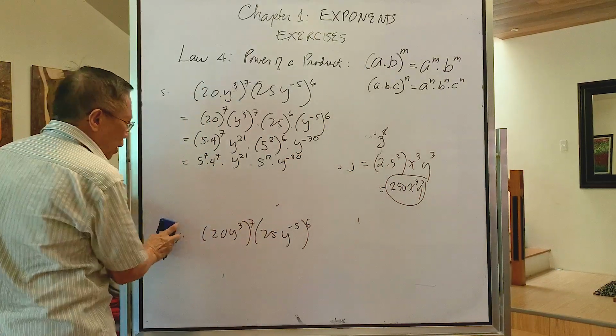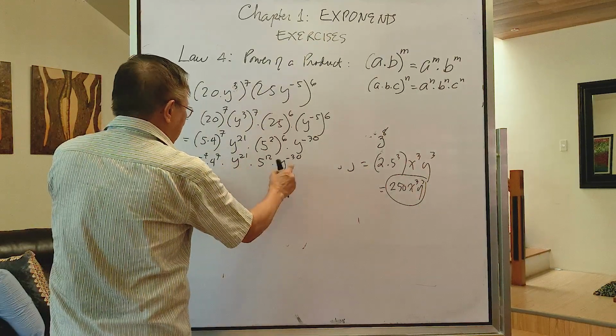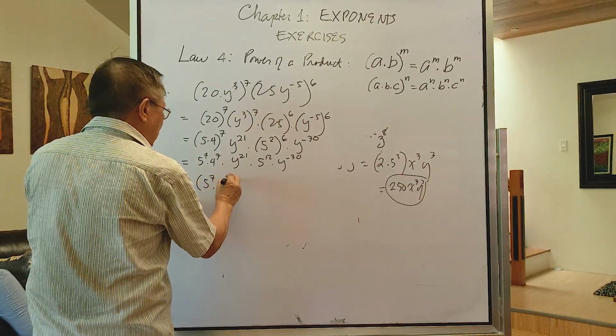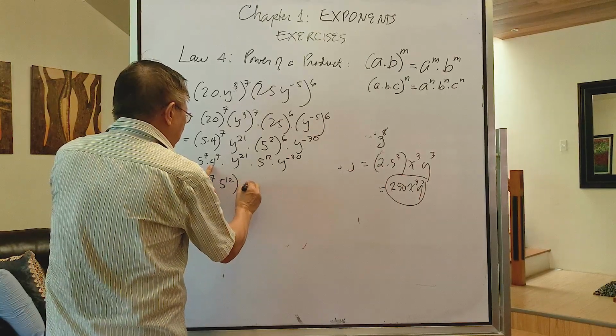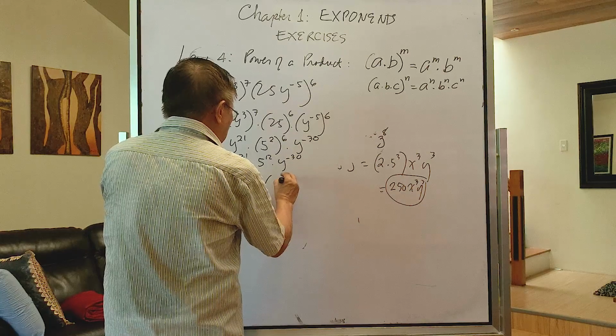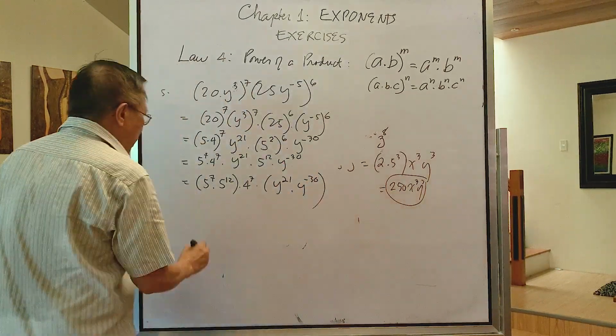Now, what law can we apply here now? I can use the product law. I can group 5 to the 7 and 5 to the 12 together. 4 to the 7 has nothing to group with. And I can group y to the 21 and y to the negative 30.